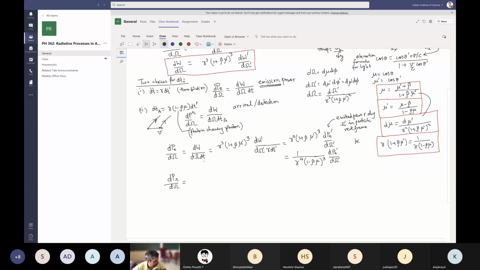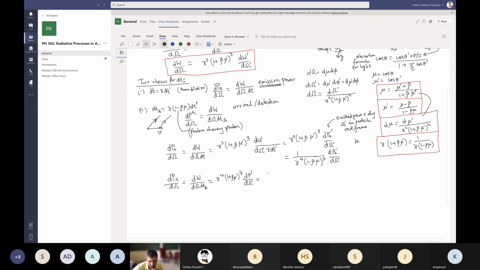Again, what we have to do is dW by d omega dt_A. We now have to divide by this arrival time difference, and we can show that this is gamma to the 4 (1 plus beta mu prime) to the 4 dP prime by d omega prime.